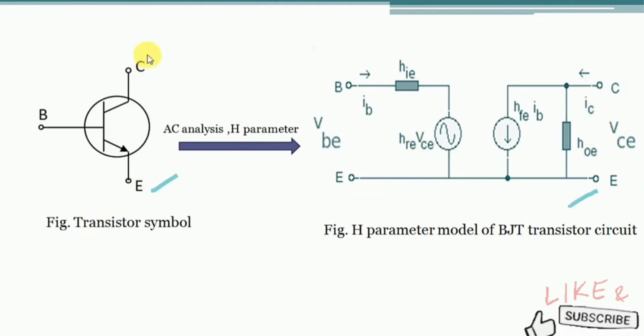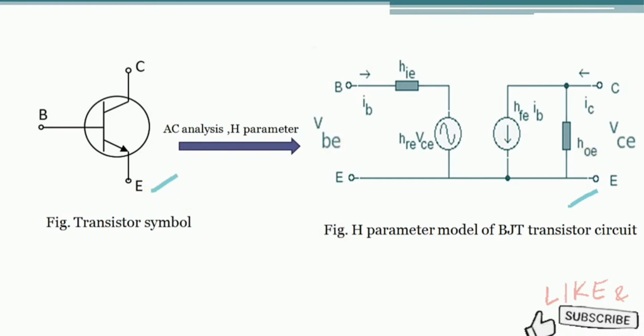At the collector terminal we have one admittance HOE and the current source HFE times IB. Here HIE represents the input impedance of the transistor, HRE indicates the reverse voltage gain, HFE indicates the forward current gain, and HOE indicates the output admittance of the BJT transistor.